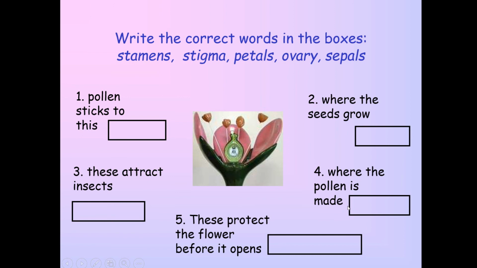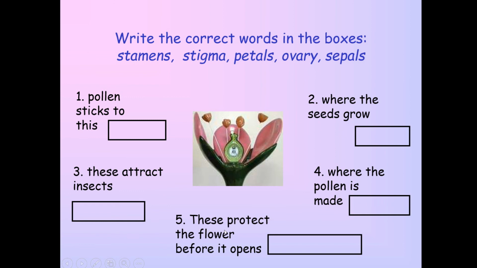I told you last time, the pollen grain is made in what part of a flower? This part has anther and filament. And how do you call it? The male part of the flower.